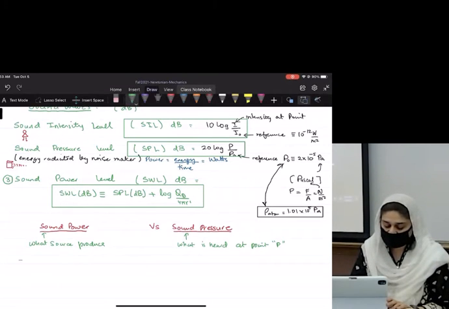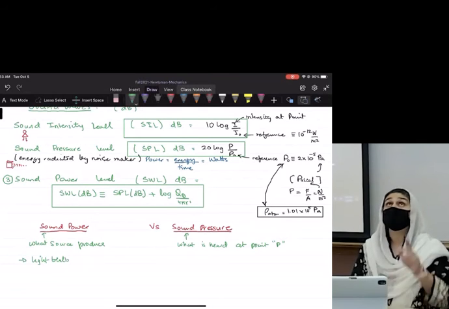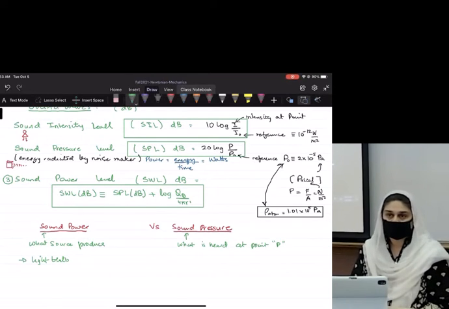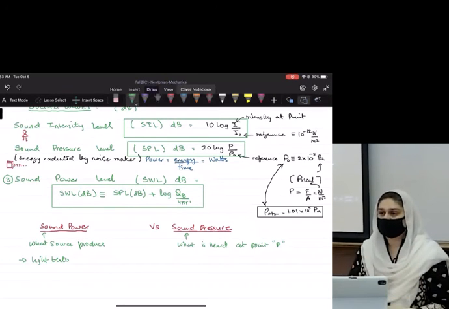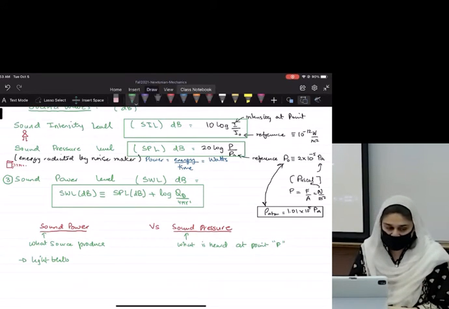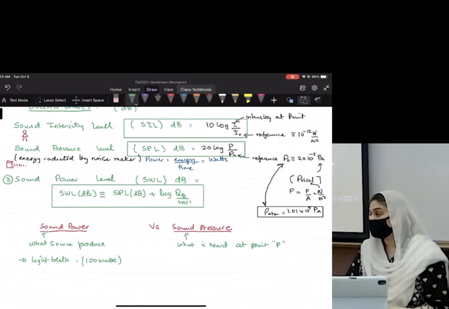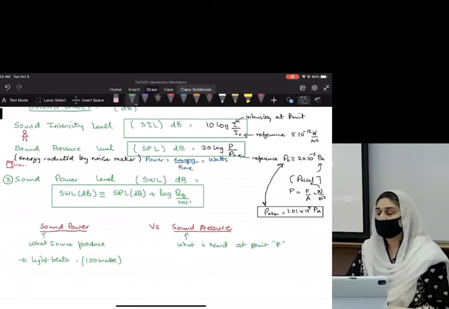So who is interested in this? Think about it this way. There is a light bulb there. It's producing light. How much of that light is reaching you? Depends on your location. So the light bulb is producing, say, 100 watts. But are you in this room receiving 100 watts?